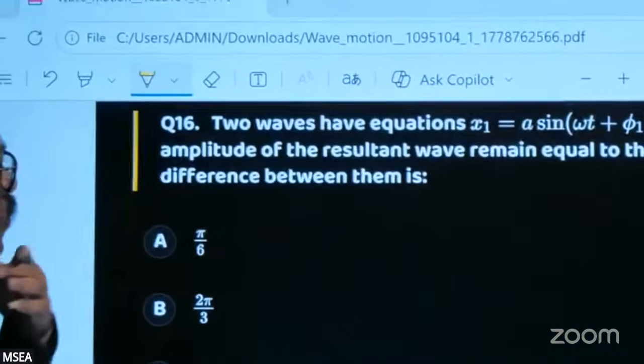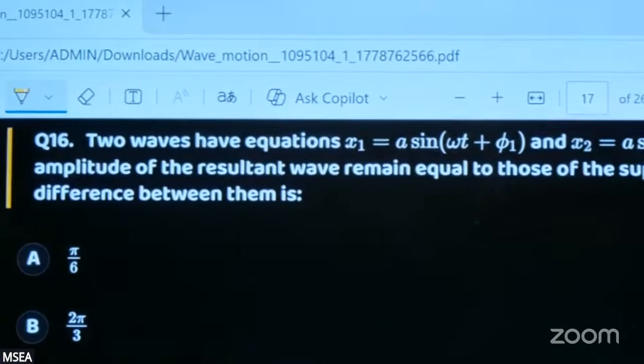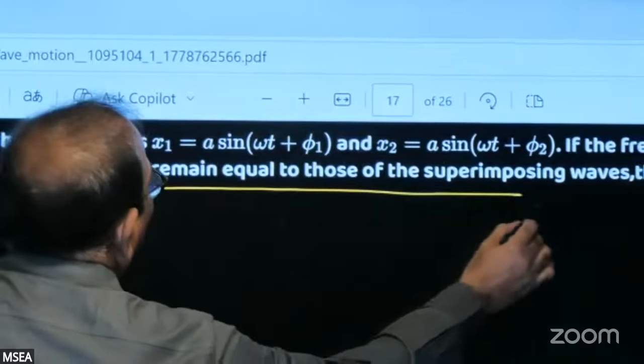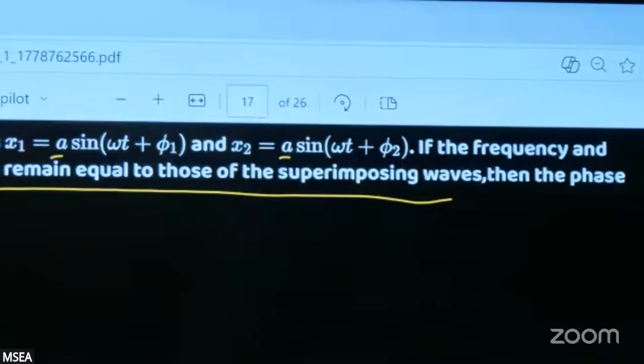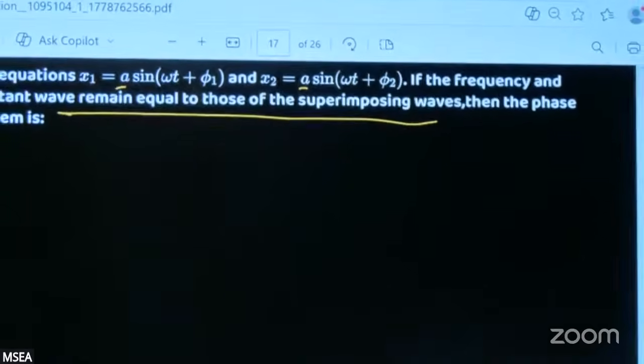Two waves are given. If the frequency and amplitude of the resultant wave remain equal, these two waves have the same amplitude, and the resultant wave amplitude is also the same.